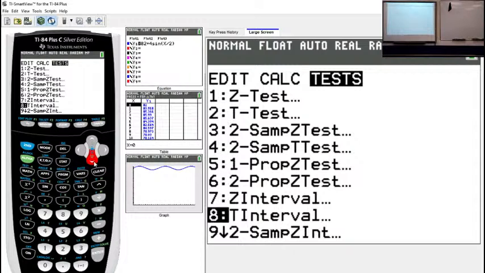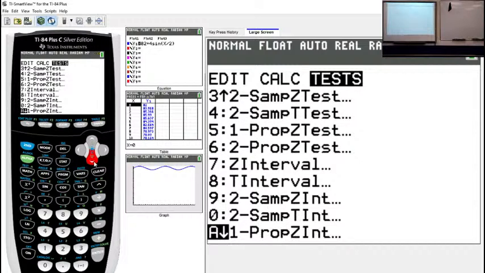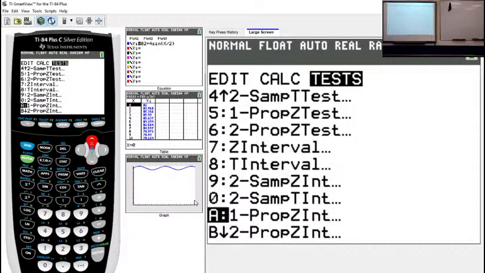What was this one again? This was a 1 proportion z-interval. That's why I'm calling it differently from what the book calls it, because I'm matching what the calculator is calling it. So we're going down to 1 proportion z-interval. Is everyone there? We hit enter.